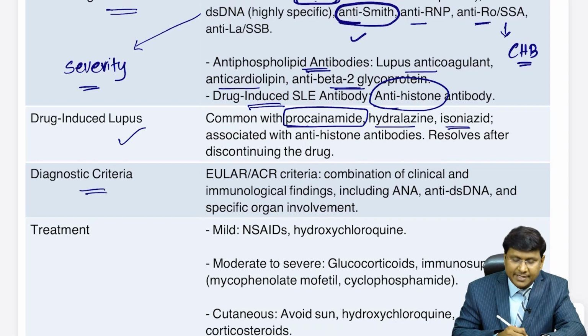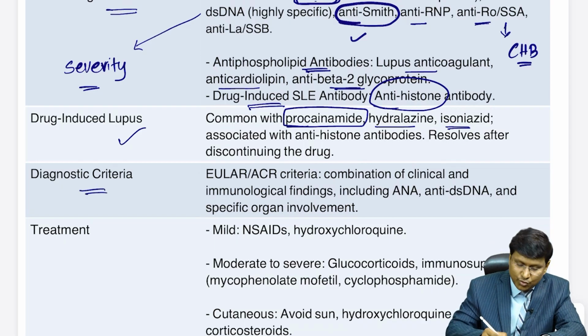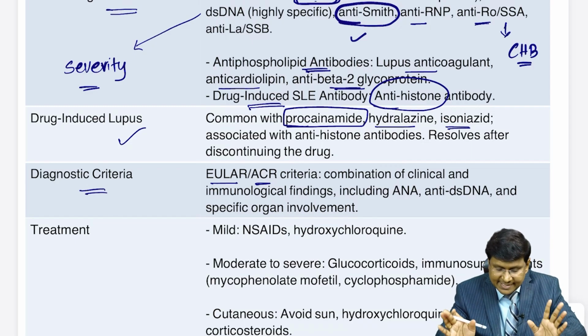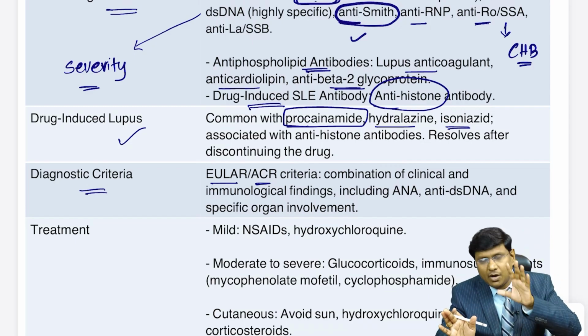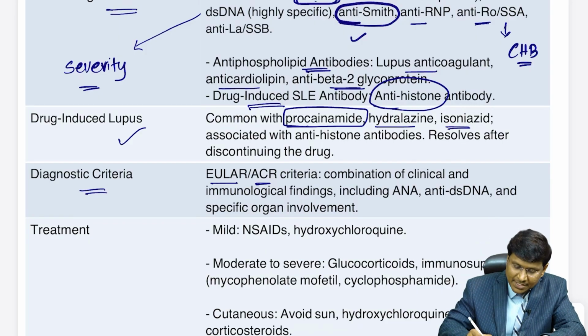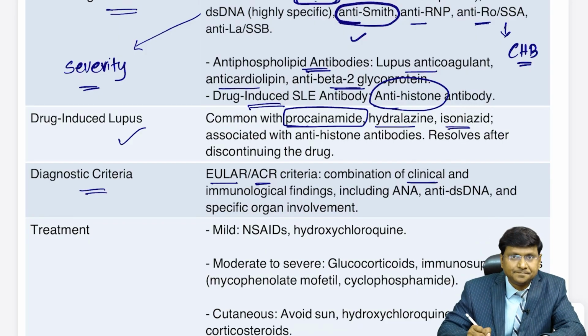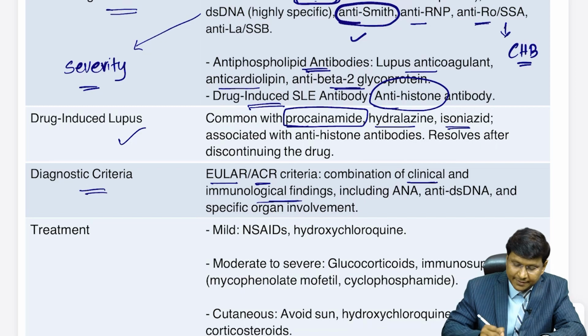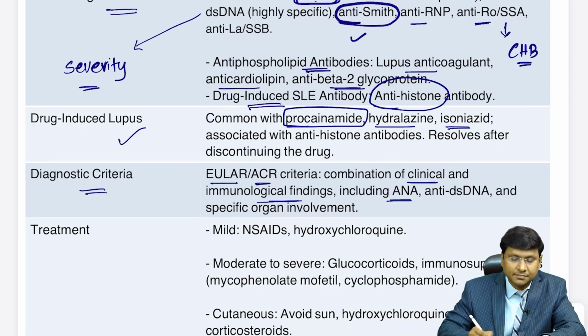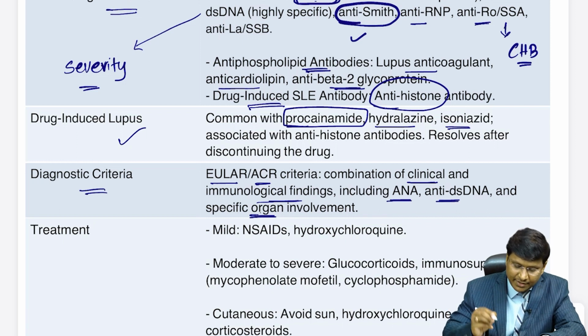And if you take the criteria, the name of the criteria is European criteria, that is EULAR, or American College of Rheumatology criteria, that is ACR. According to this criteria, to make the diagnosis of SLE, there should be a combination of clinical and immunological findings. And within the immunological findings, this should include ANA, anti-dsDNA, and the specific organ involvement.